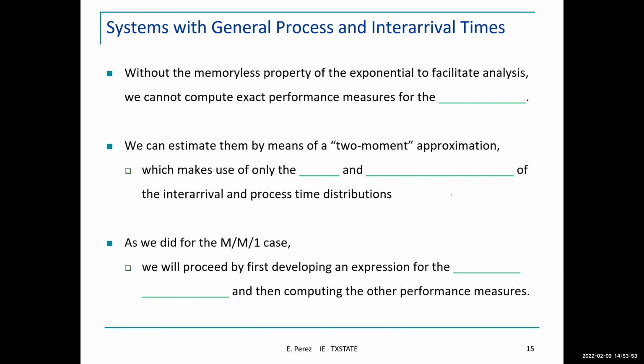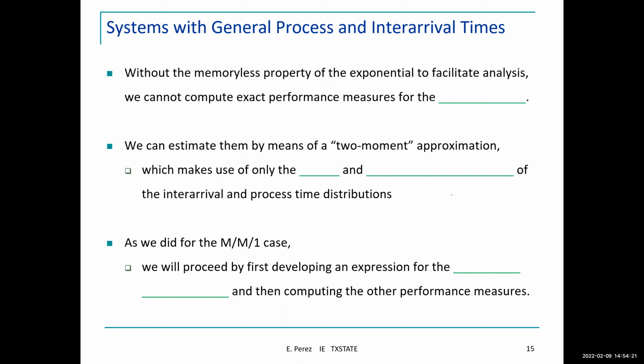The memoryless property says that what happens before this event is not going to impact what's going to happen next. So if I got arrivals 10 minutes ago, 15 minutes ago, 20 minutes ago, that's not going to impact my next arrival. So that's the memoryless property.